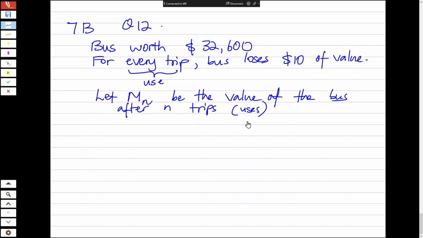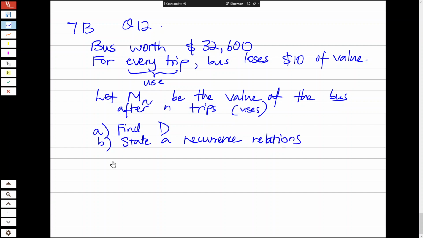So here we're asked to find D and state a recurrence relation. And I'll add an extra part, just because I can. Find the value after, let's pick a different number, 20 uses, 20 trips.